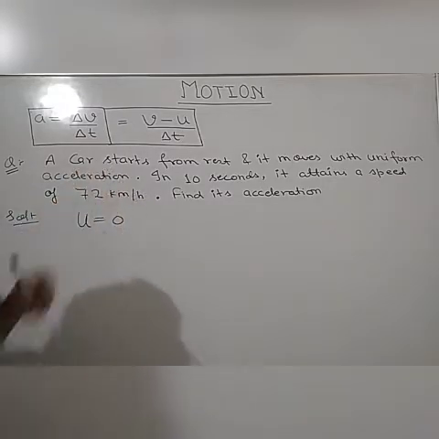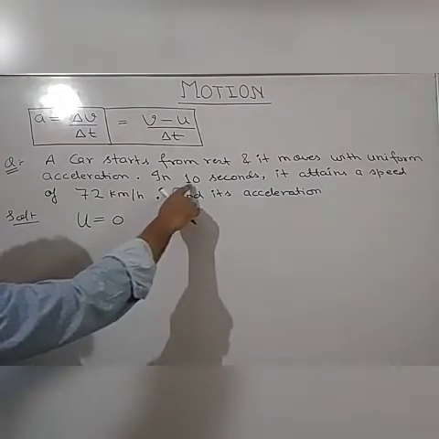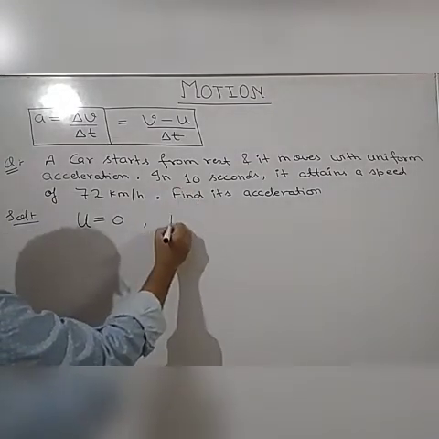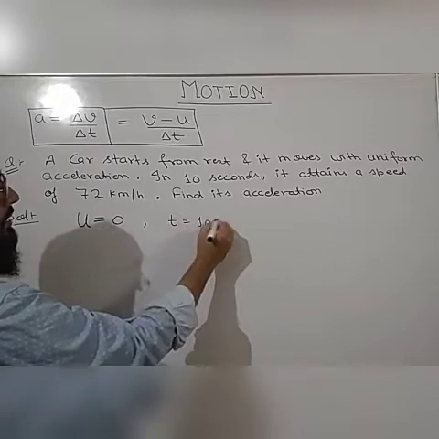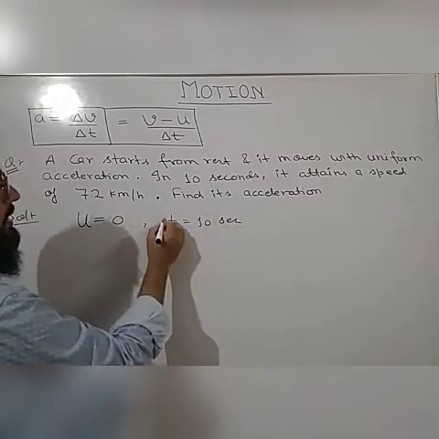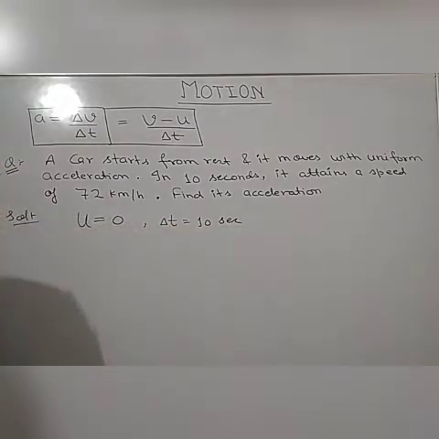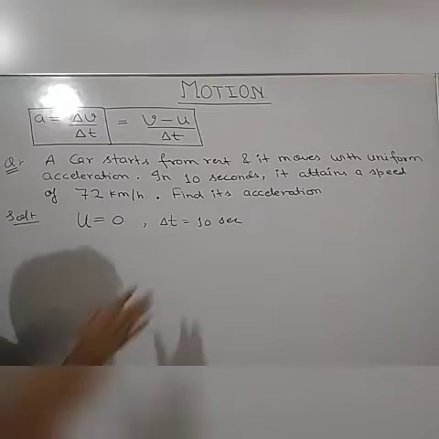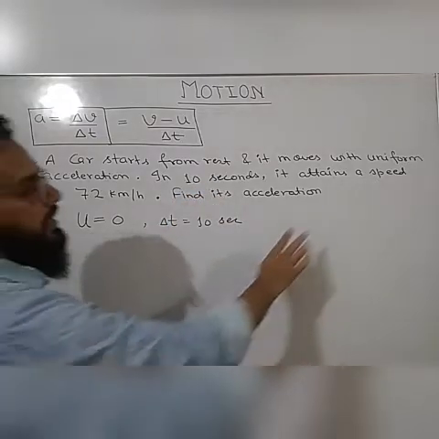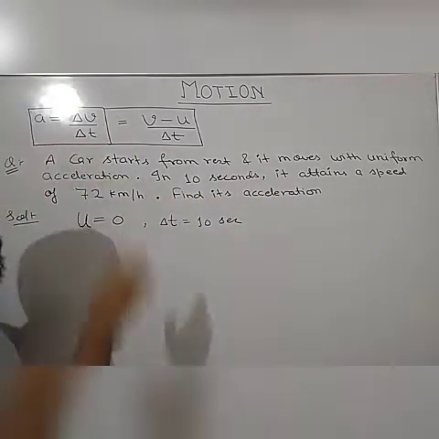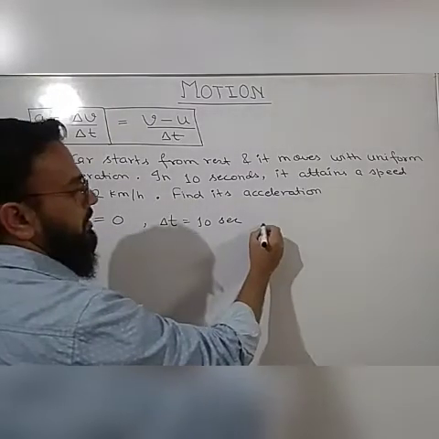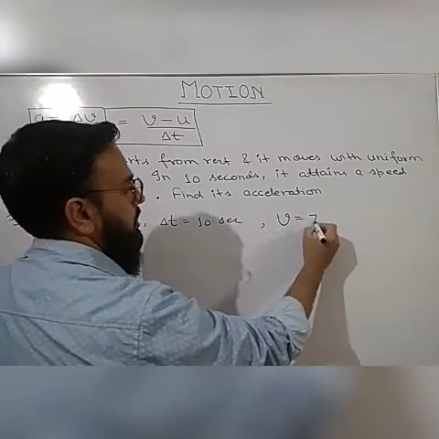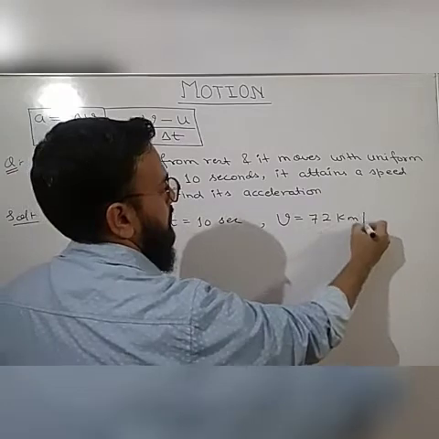That means u is equal to 0. And how much time is taken? The time interval is 10 seconds, or delta t. Delta means time interval or the change in time. So it takes 10 seconds and attains a speed of 72 km per hour. That means the final velocity is 72 km per hour.